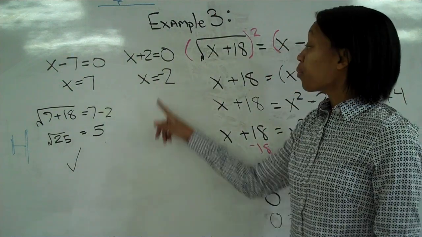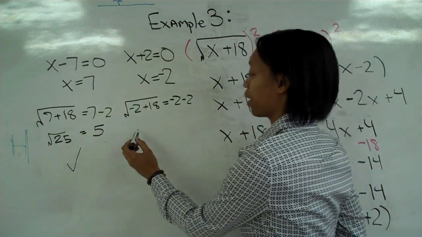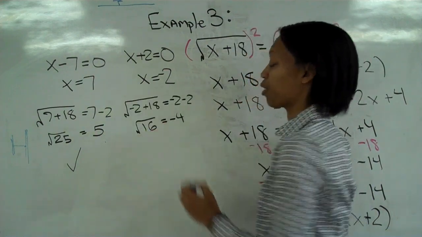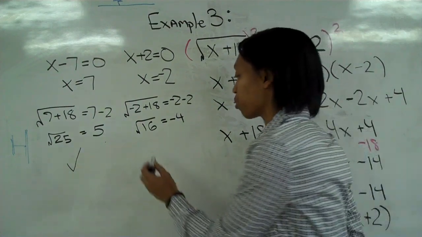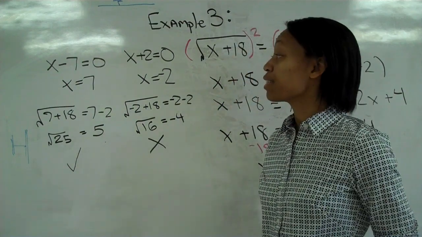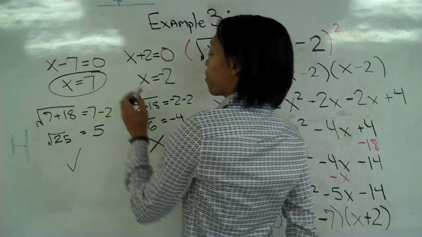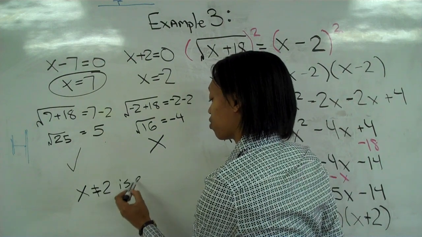Check. What happens if I plug in negative 2? I'm going to have the square root of 16 equals negative 4. Well, the square root of 16 does not equal negative 4, it equals positive 4, so that's not a solution. So that means that our solution is x equals 7. Negative 2 is extraneous.